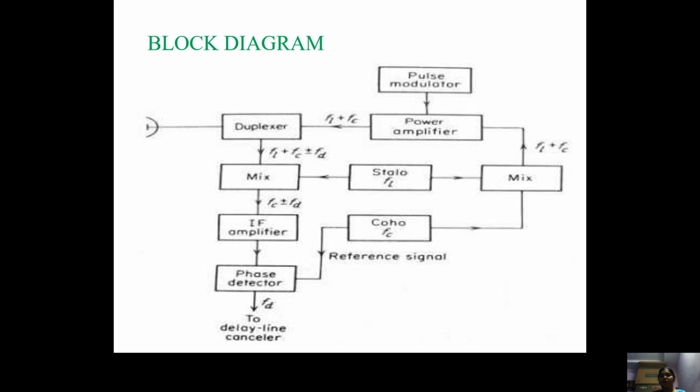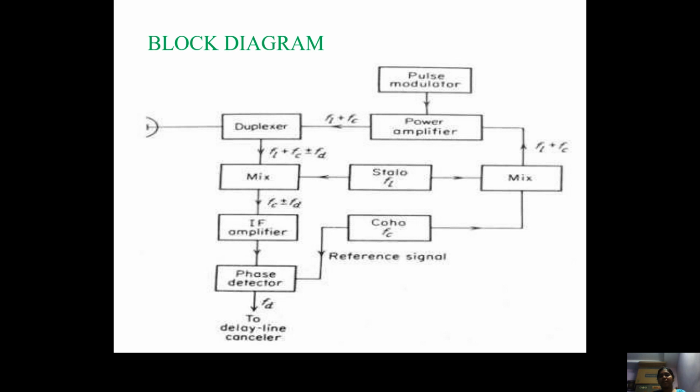Similarly, the coherent oscillator, denoted by COHO, is also a stable oscillator, which is why it is known as the coherent oscillator, with frequency fC. The signal from STALO and the signal from COHO are mixed in mixer 1.